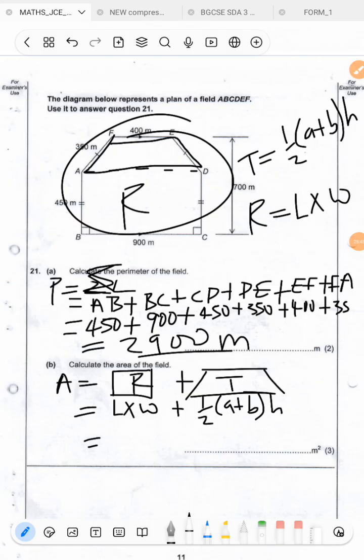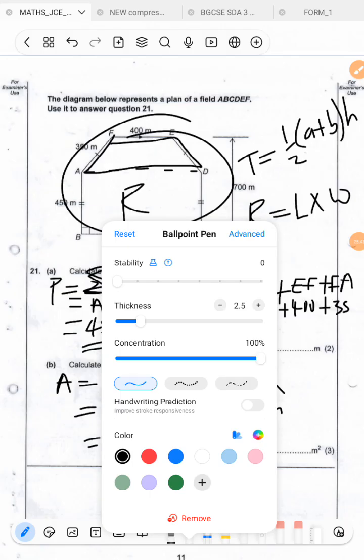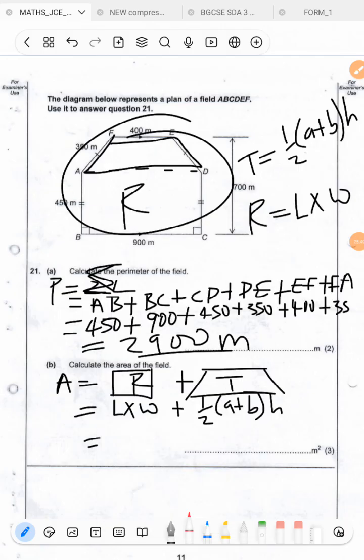What is our length? Let me just add a different color here. Remember that the length here is 900, 900 by 450. What about the other side for the trapezium? Maybe let's just erase it so that we can have room to work with.